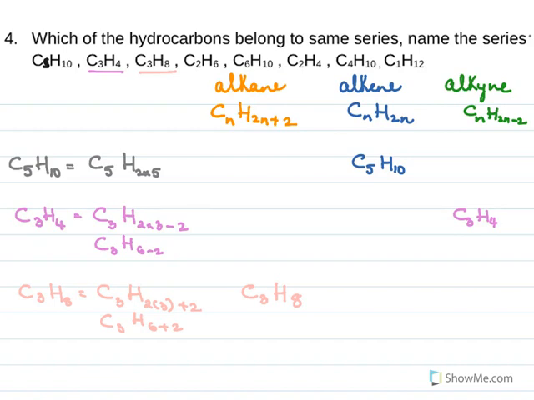Then next is C2H6. That is C2, H is 2 into 2, and we have to get 6, so plus 2. So this is C2H4 plus 2. So C2H6 would be an alkane.